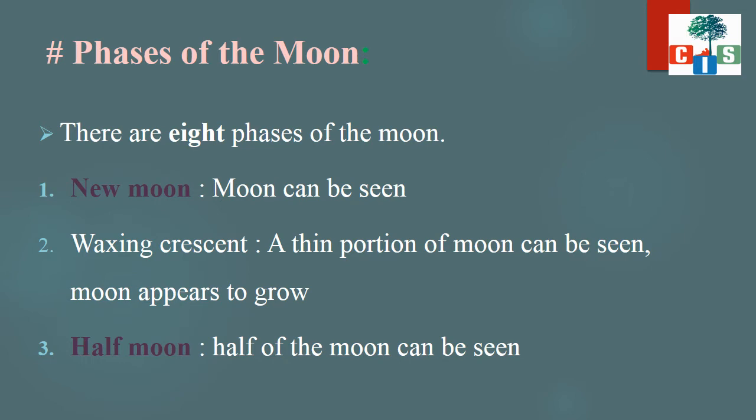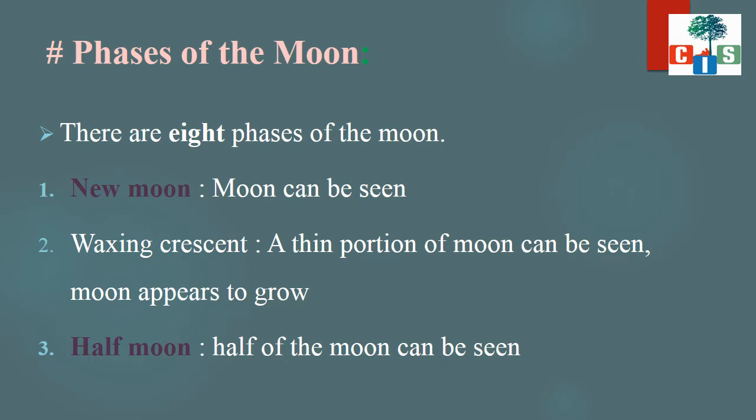In this phase of the moon, a thin portion of the moon can be seen, and during this phase, the moon appears to grow. The third one is the half moon. The phase of the moon in which only half of the moon can be seen is called the half moon.